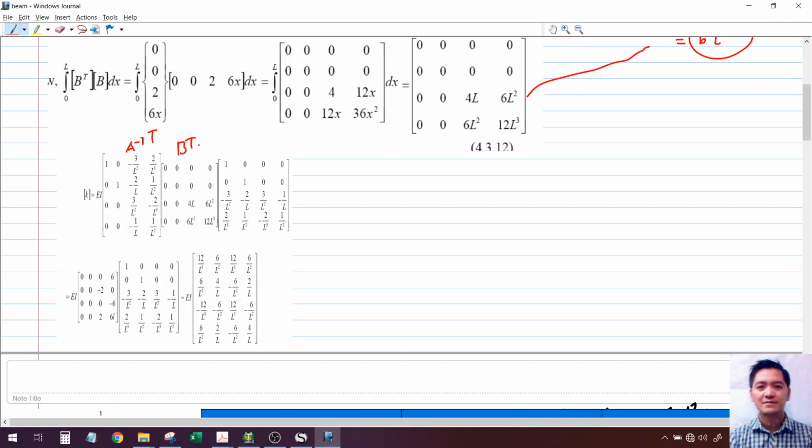Ito yung B transpose B. And then ito yung A inverse. Then when you operate that, you get this. Okay. Then EI. So this times this, you get this. So this is our K for an Euler-Bernoulli beam.